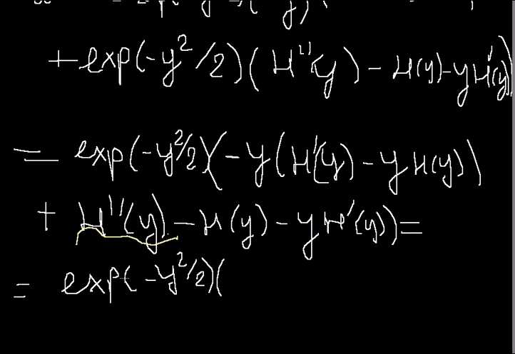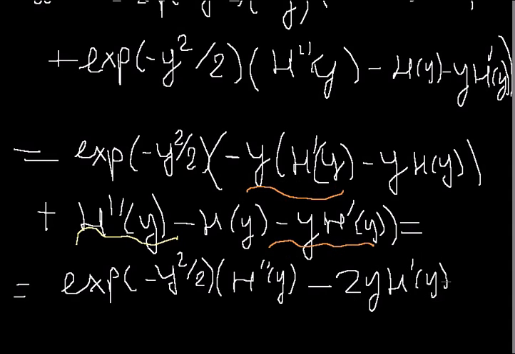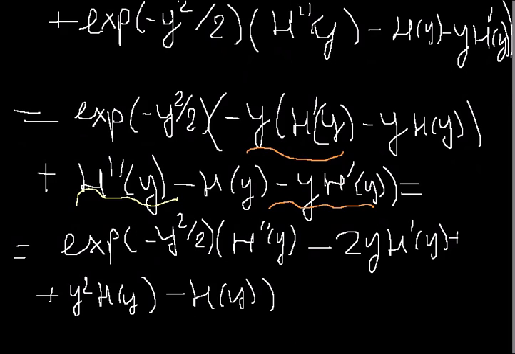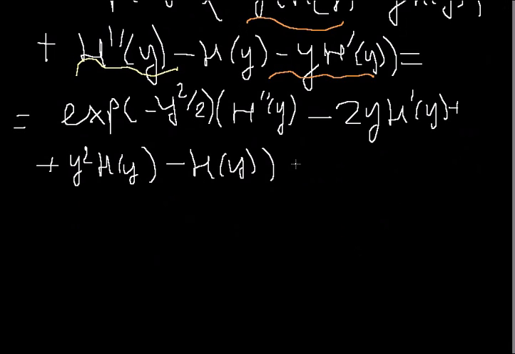And let's take this unit and let's rewrite it in the following form: second derivative from y, minus two terms with y and the first derivative from this function of h, plus y squared h, minus h from y, and this all equals.